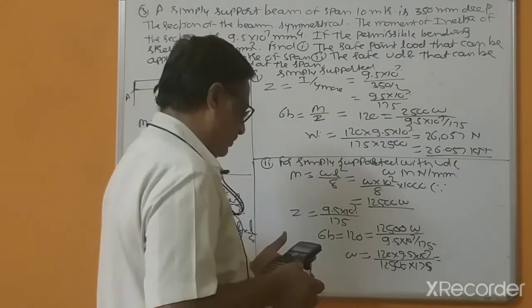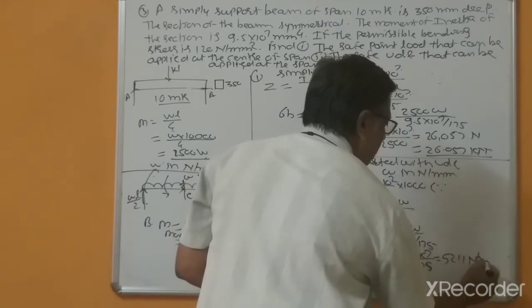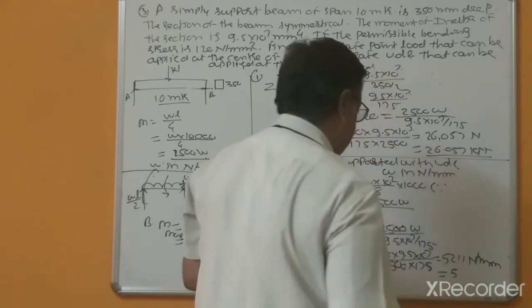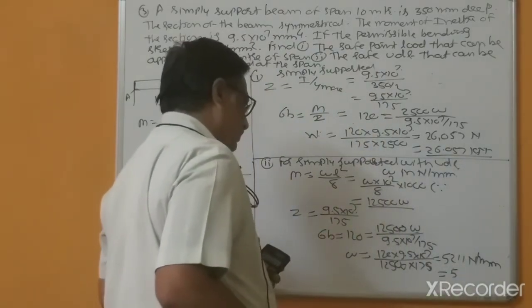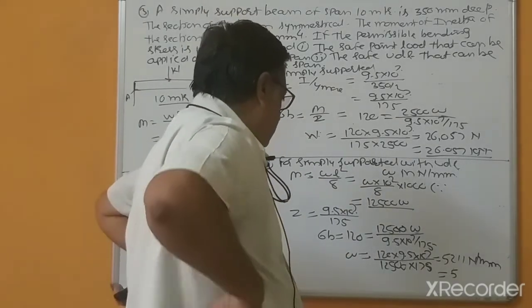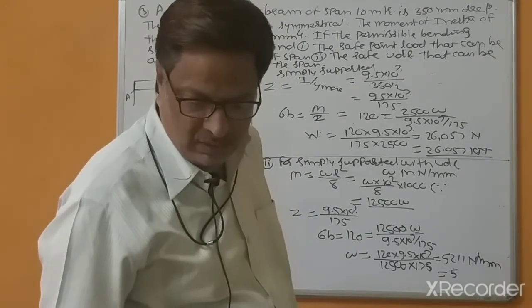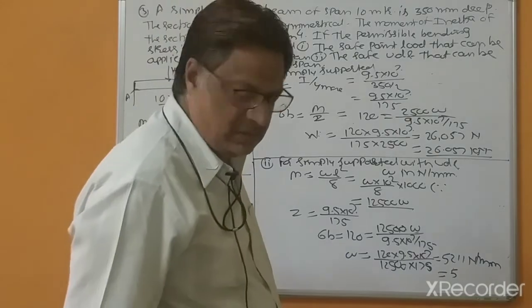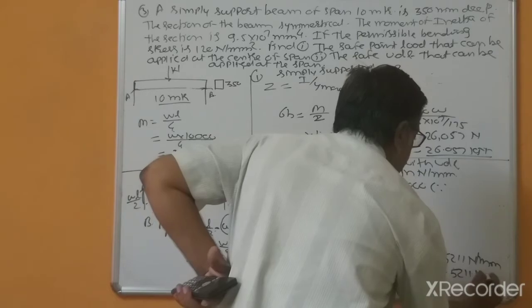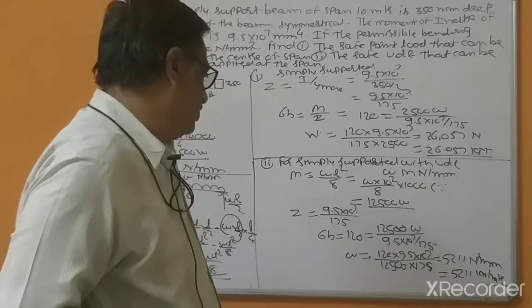So this is equal to 5.211 Newton per mm. So this is 5211 kilonewton per meter. So this load is more.